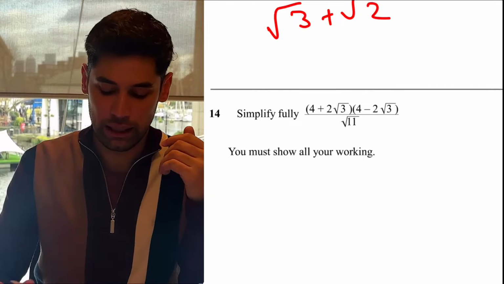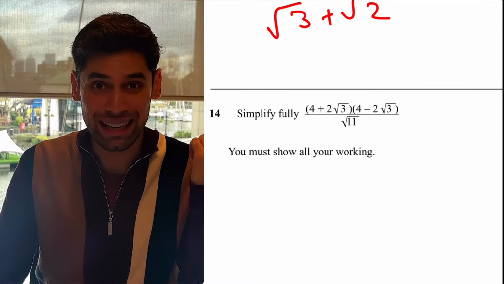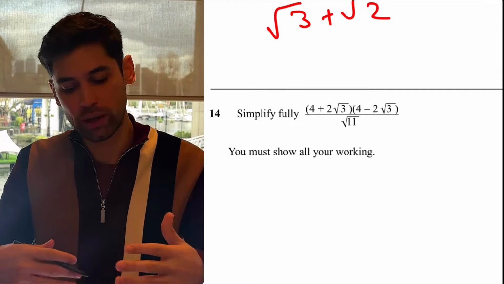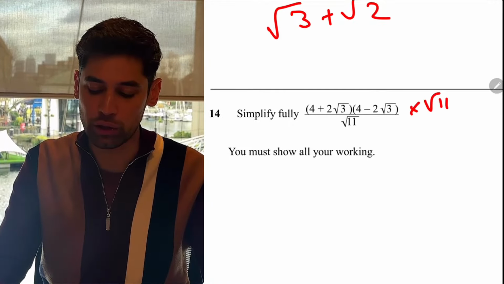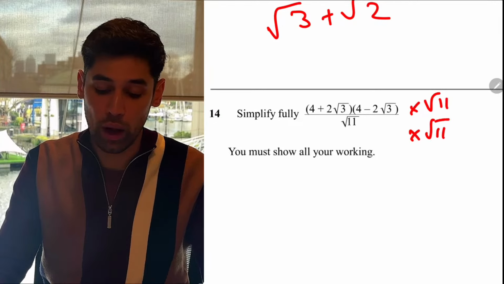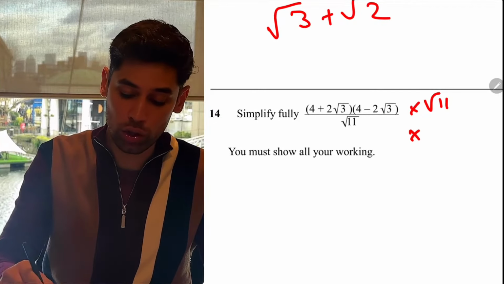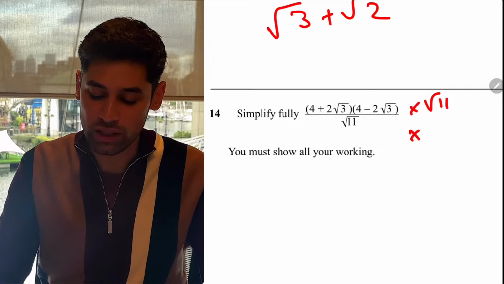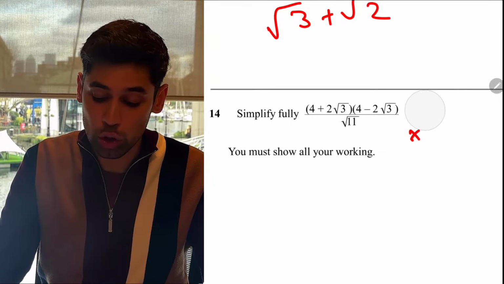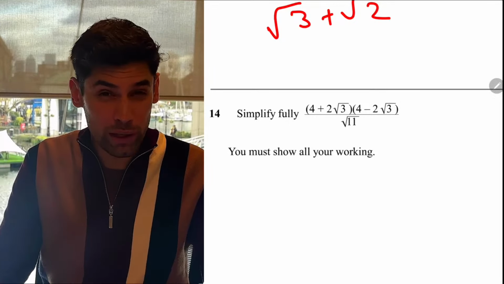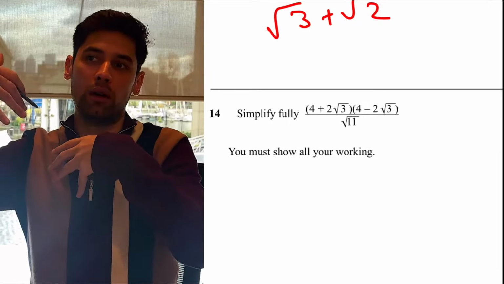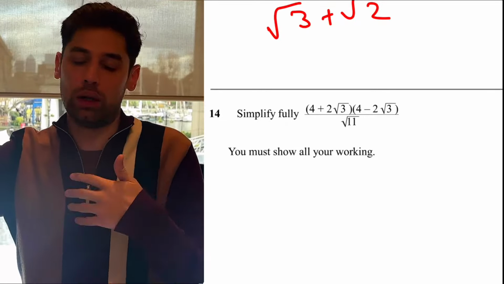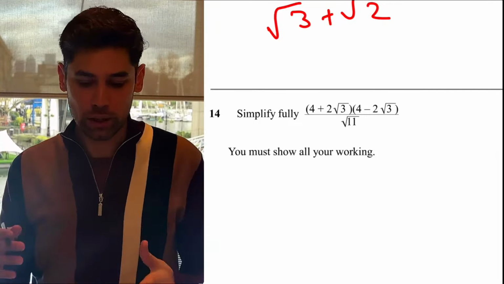What I mean by that is on this numerator here, a lot of people, because we're in this structure of times at top and bottom by the denominator, may go straight to timesing by root 11 on the top and timesing by root 11 on the bottom. While that is mathematically the correct thing to do, we don't want to do that just yet, because we can actually simplify the numerator first. So just be aware of that. If you can simplify something before doing a more elaborate step, then do it.